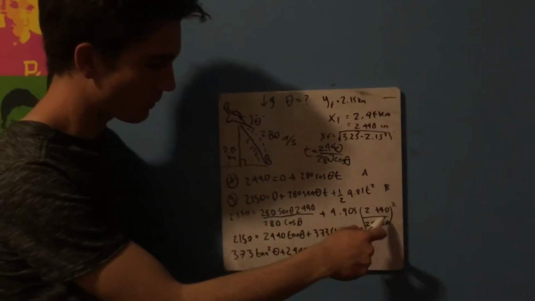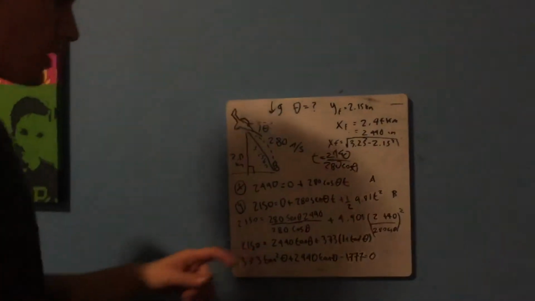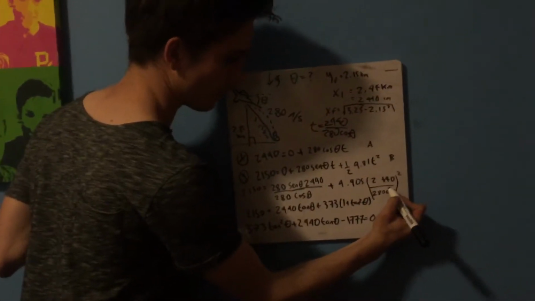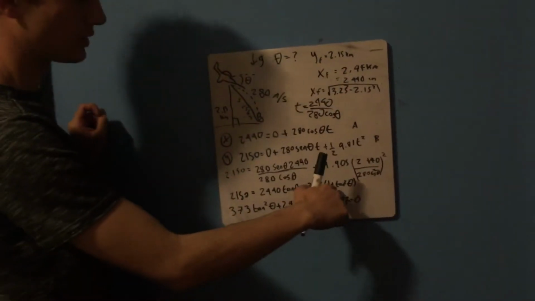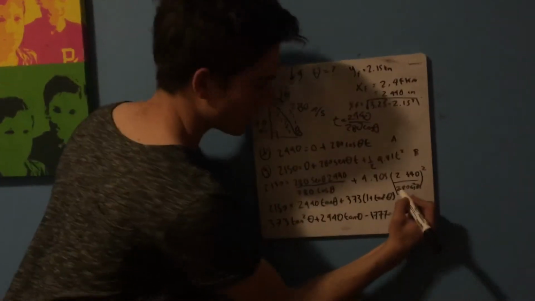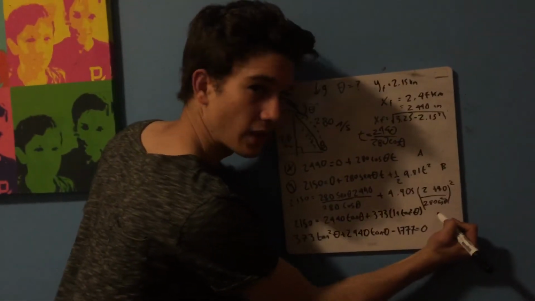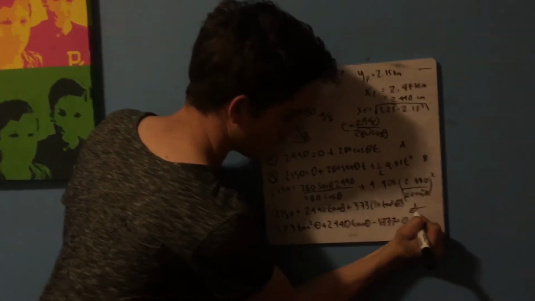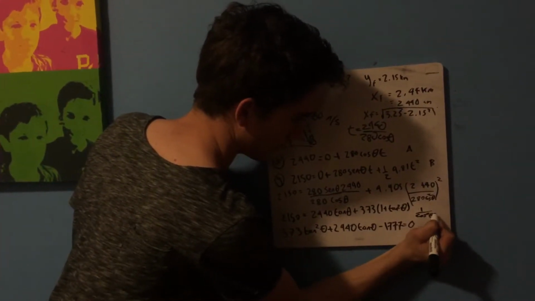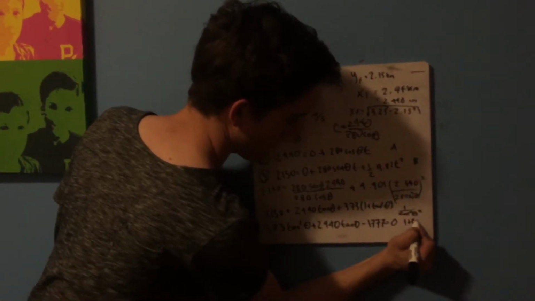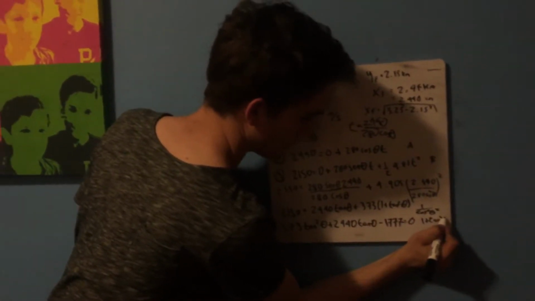Alright, we have a trigonometric identity that says that 1 divided by cosine squared equals 1 plus tangent squared of the angle. This is a trigonometric identity. I'm just going to write it down over here. 1 over cosine squared of the angle equals 1 plus tangent squared of the angle.